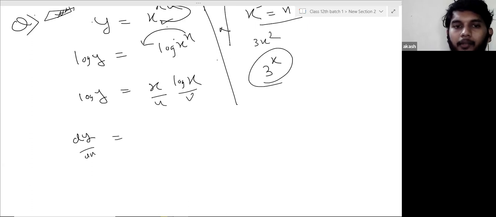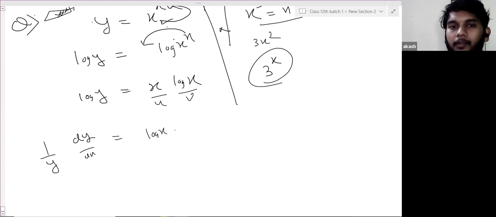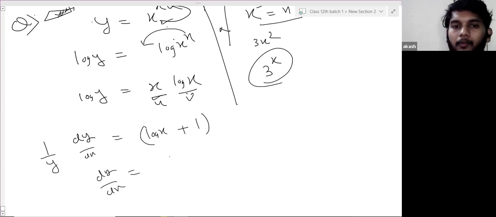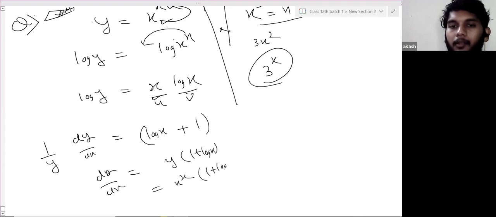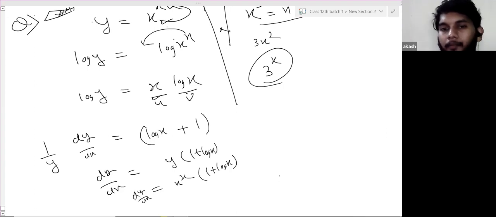So let's see how we can differentiate. This is 1 upon y dy by dx, and this will be log x, differentiation of x, plus 1 upon x times x, so 1. dy by dx is y into 1 plus log x, and y is x raised to the power x, so x raised to the power x into 1 plus log x. This is the final answer.